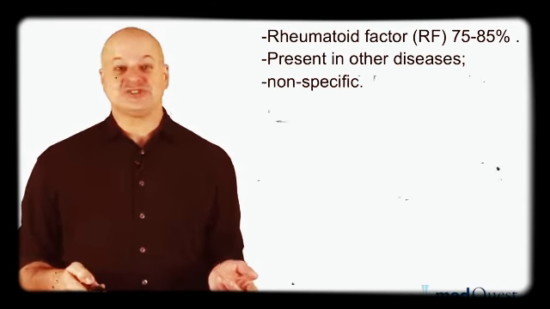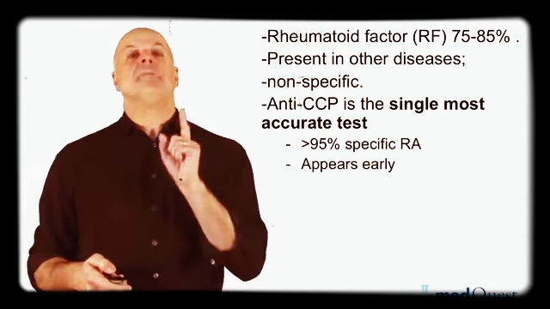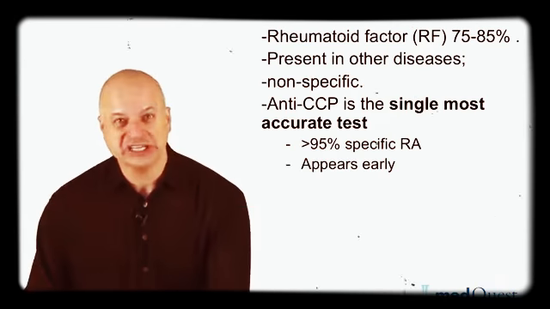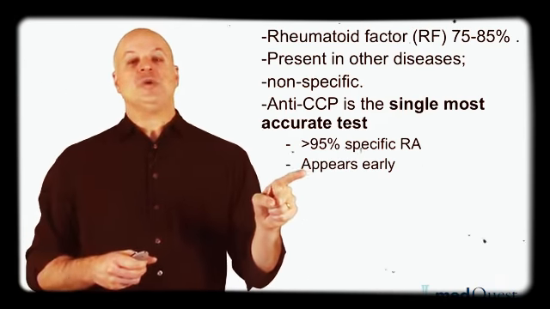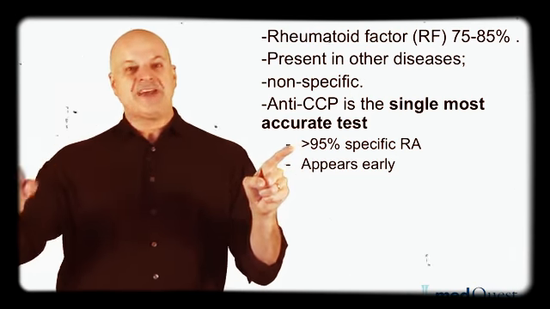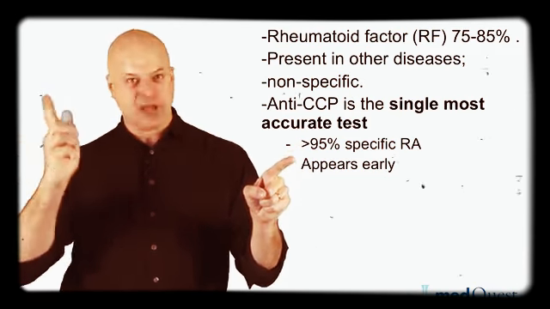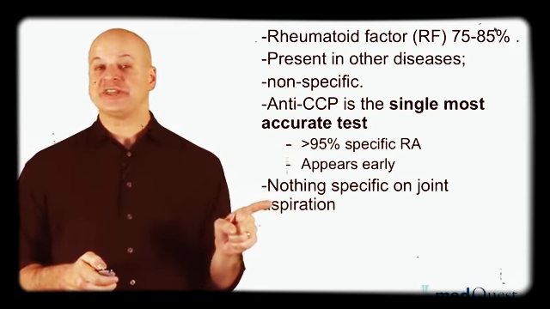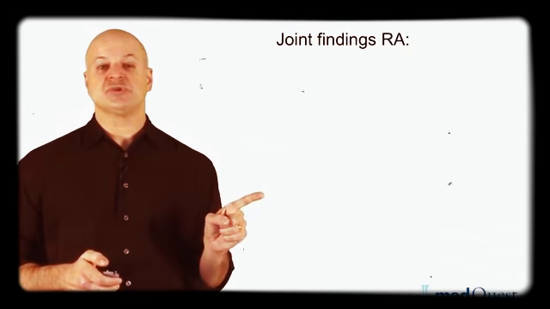False positives are present in so many other diseases, non-specific. But the cyclic citrullinated peptide appears earlier. That's the question, right? Which of these is the earliest finding? And the other thing is, when you have a cyclic citrullinated peptide, it's not positive with any other diseases. There's nothing specific on the joint aspiration.